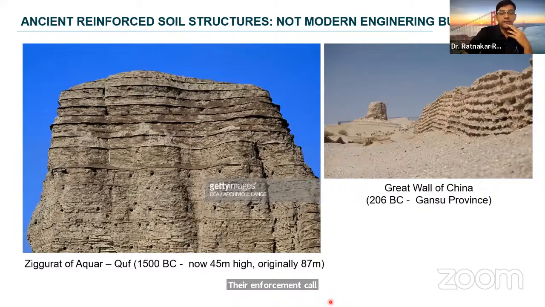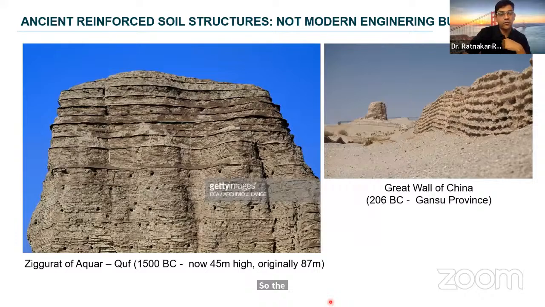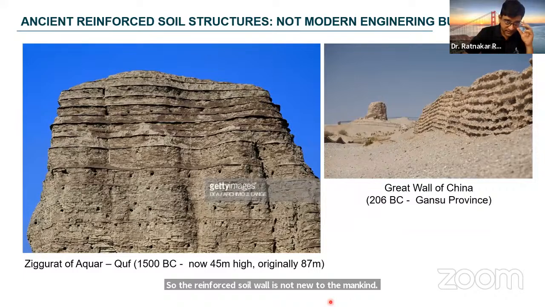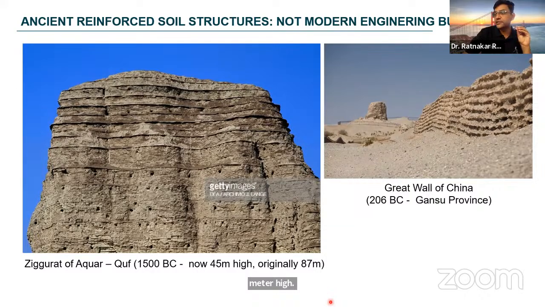The reinforced soil wall is not new to mankind. In the photograph, you can see a structure from around 1500 BC, which was originally 87 meters high, now 45 meters high. This is like Jugagot of Akbar, where the soil is used with natural reinforcement.